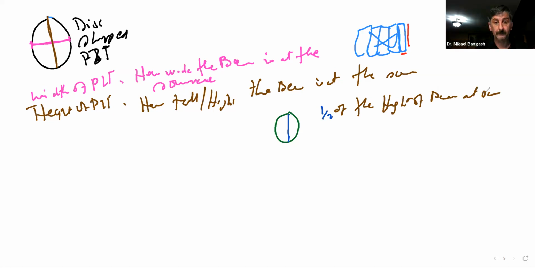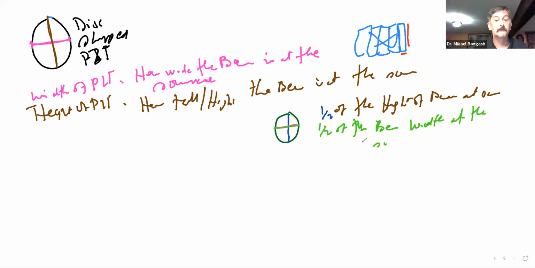And so for the width. Now let's see. Okay, so this is going to be the width. And what is that going to be? That's going to be half of the beam's width at the source. Did you get that?